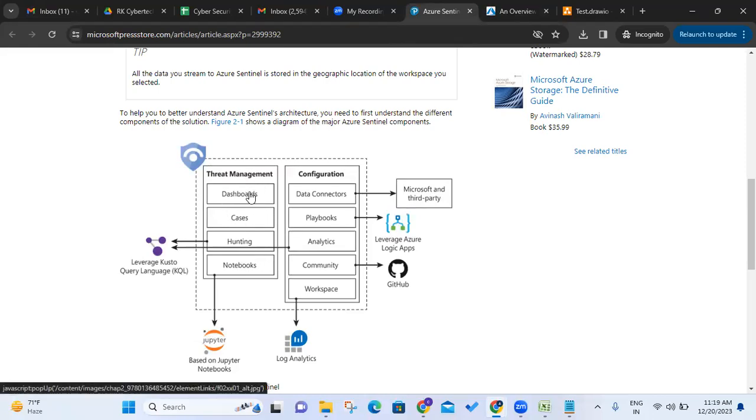So once you are opening the Azure Sentinel, what are the different types of things we can see? We can see dashboard creation. We can see case management, nothing but alert notifications. In this Azure Sentinel terminology, what is meant by alerts or incidents? Cases, sir. Yeah, cases.